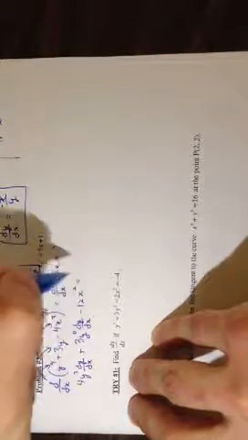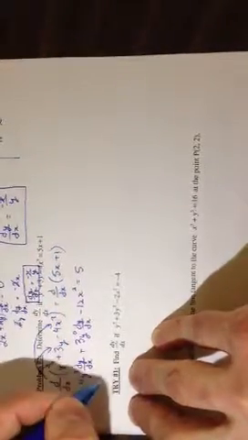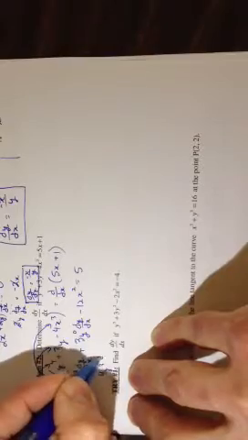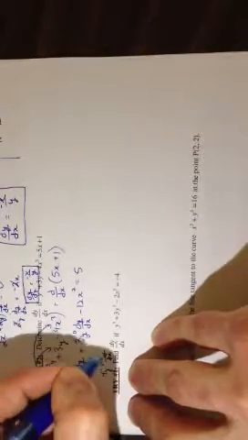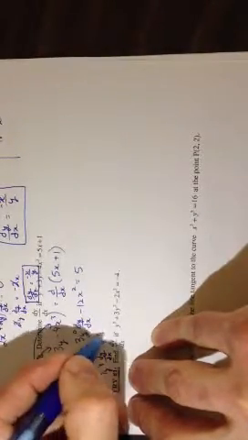And then on the other side we have 5. Okay, so 4y cubed dy by dx plus 3 dy by dx equals 5 plus 12x squared.